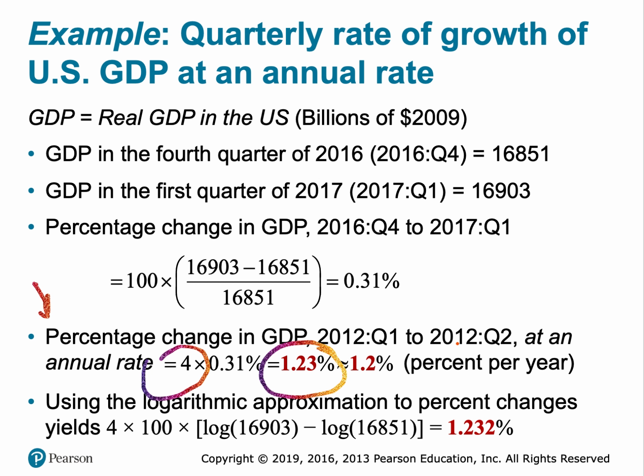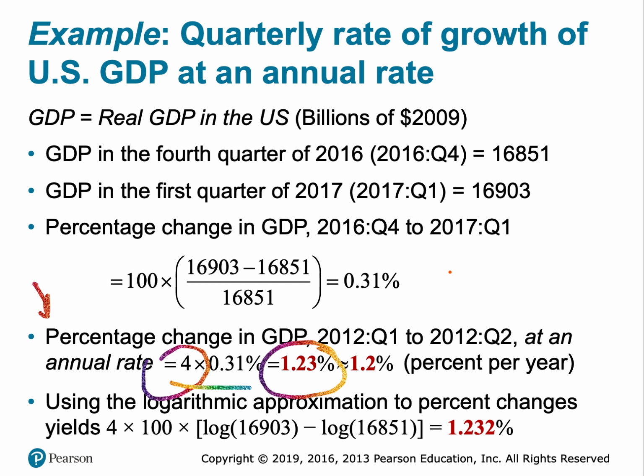Now I want to point out that this formula, multiplying the rate of change by 4 to get the annual rate, is an approximation. And this approximation only works when the quarterly percentage change is small.